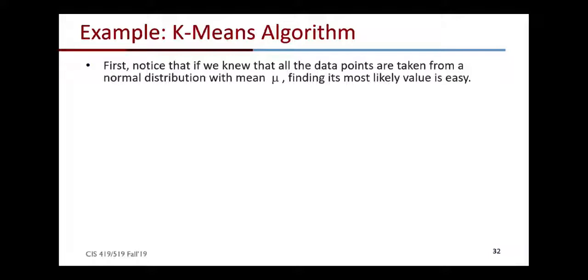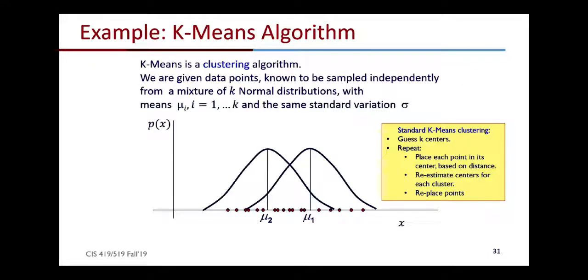Why? Assuming that the data points are representative of the Gaussian, so it's equally probable that the left and right are equidistant. Right, so the question that we're asking here, let's assume we eliminate one of these. Let's assume you have only one Gaussian and you have red points, and we want to know the mean of the Gaussian. The suggestion here is to just compute the average. And the right answer is because it's the most likely value.